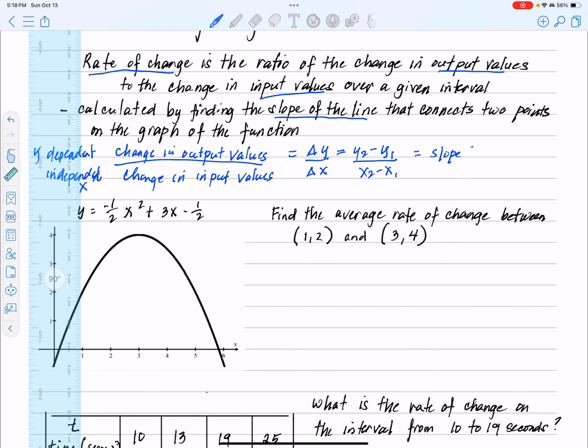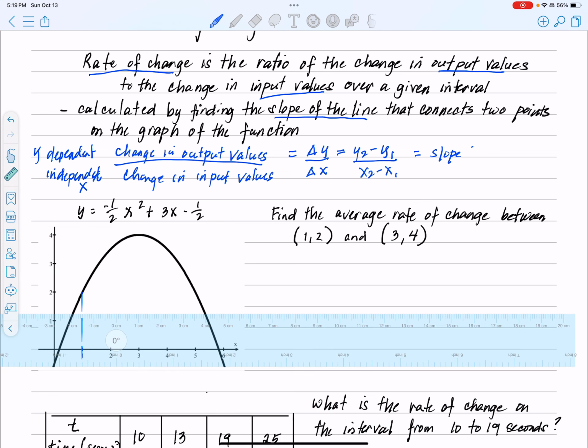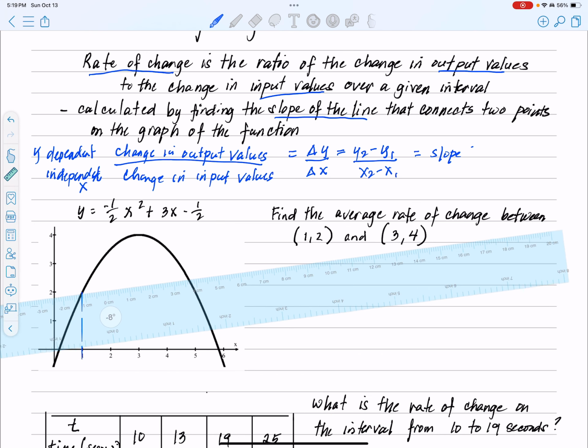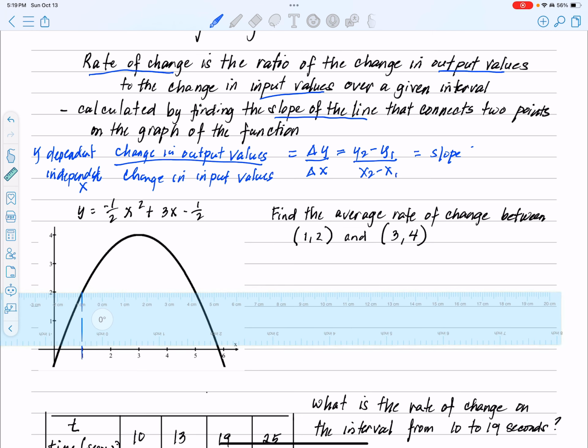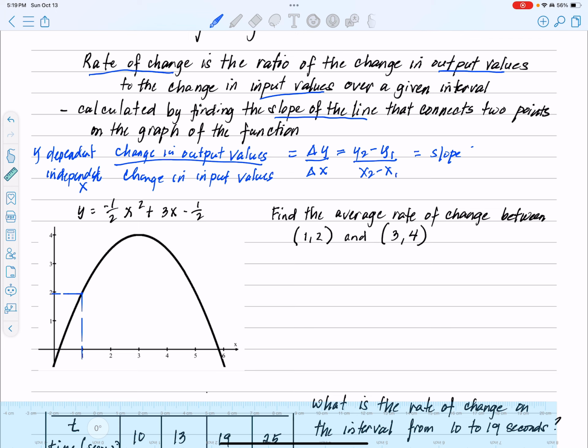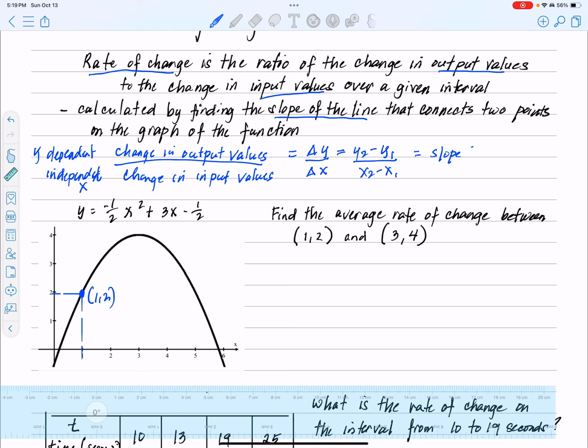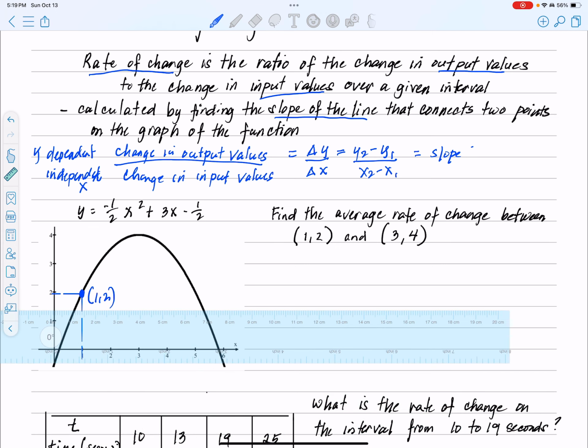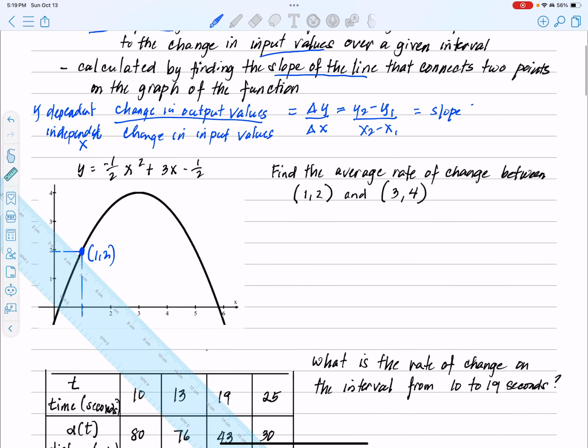So I'm going to do a line from x to the curve, and then from the graph towards the y-axis. So the location of the point is somewhere here. That's 1, 2. And 3, 4: 3 in x and 4 in y.